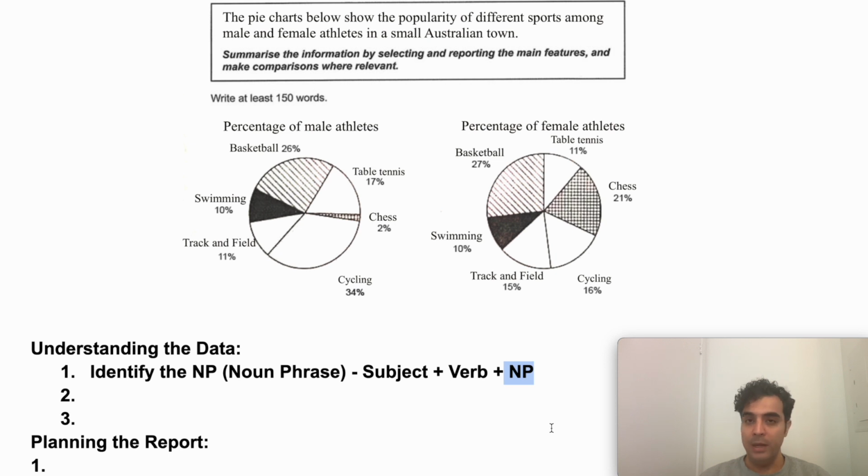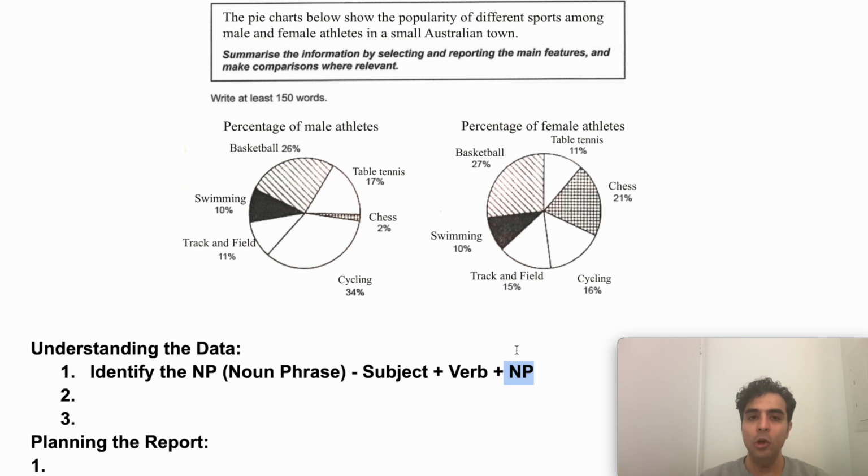Now, we've identified the NP. It's the phrase beginning with the popularity of, all the way towards town. But what is the NP core? And by NP core, I mean a noun in the noun phrase that best represents what these numbers are representing.